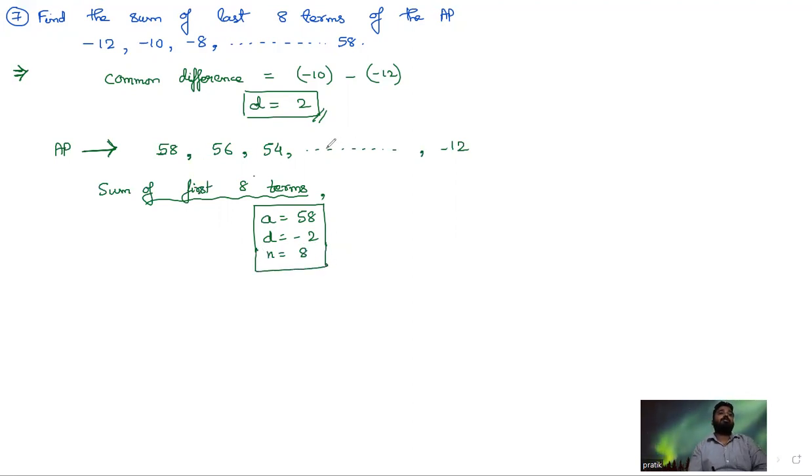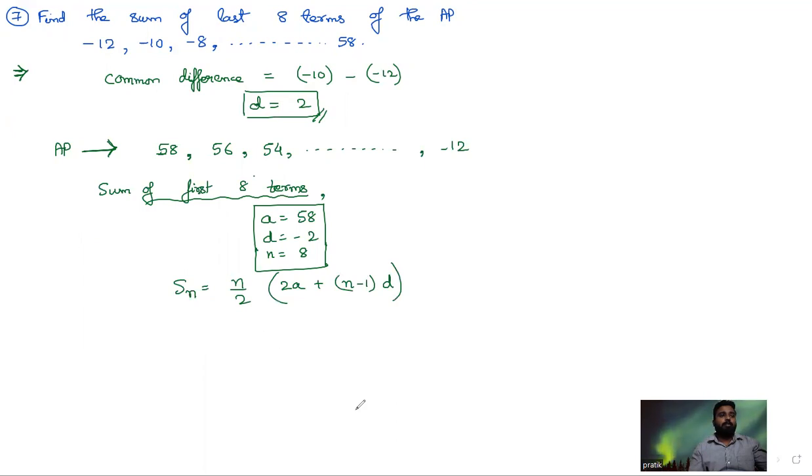I've just shifted the AP completely upside down. So the formula for Sn is Sn equals n by 2 into 2a plus n minus 1 into d.